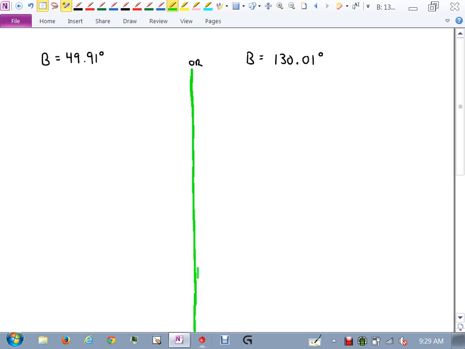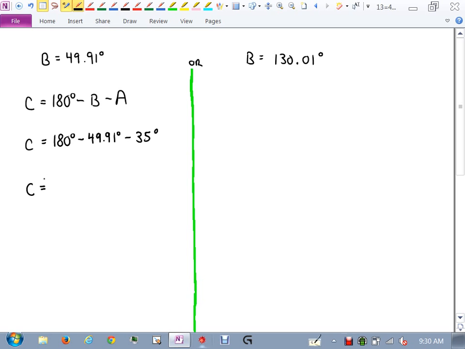So what do I do for the first one, 49.91? What's the first thing I should go after now? Capital C, right? Capital C should be 180 minus the other two angles. So C is 180 minus B minus A. I didn't write that earlier, but that's what I'm doing. So 180 minus 49.91 degrees minus A, which was 35 degrees.